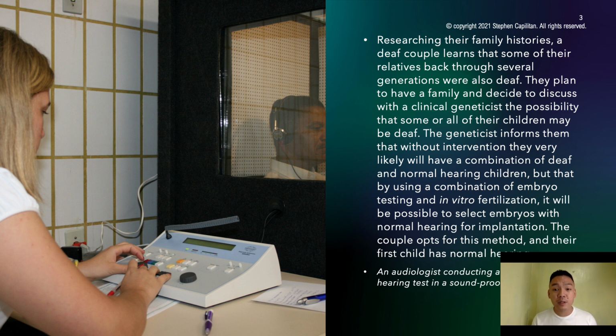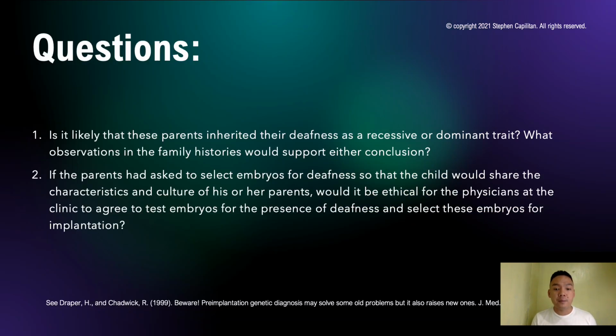There are following questions that you need to answer after reading this case study. It's up to you which will come first, but all of these questions will be answered right away. First question: is it likely that these parents inherited their deafness as a recessive or dominant trait? What observations in their family histories would support either conclusion?